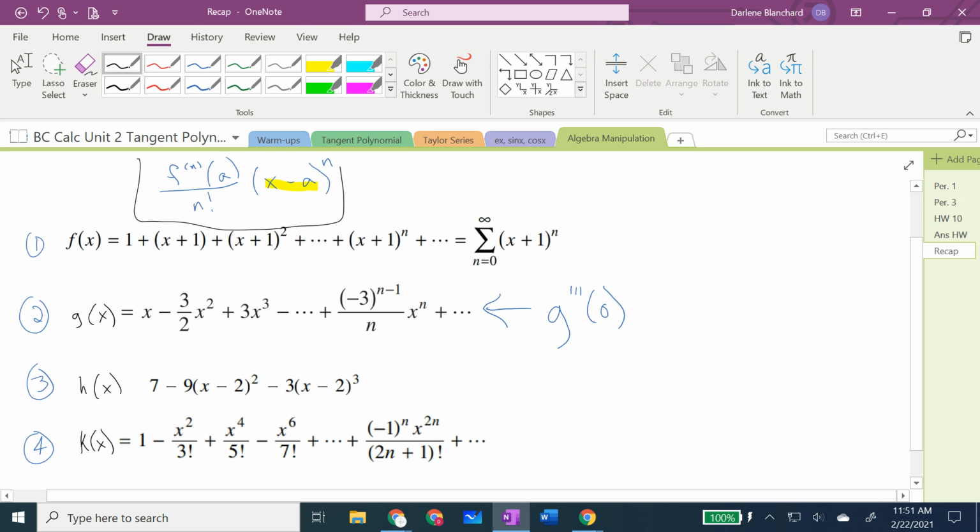If a polynomial is being used to represent a function, then this must be true. So if I put it in terms of G, if I want to know, let me first put it this way.